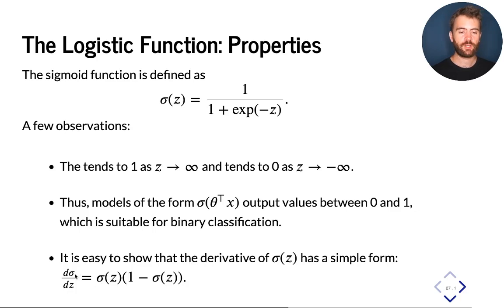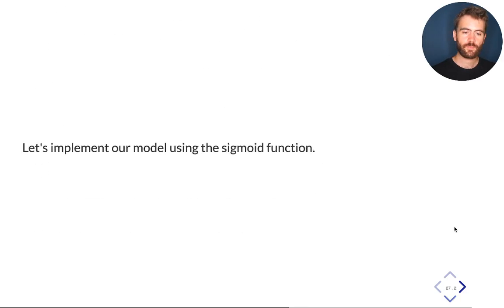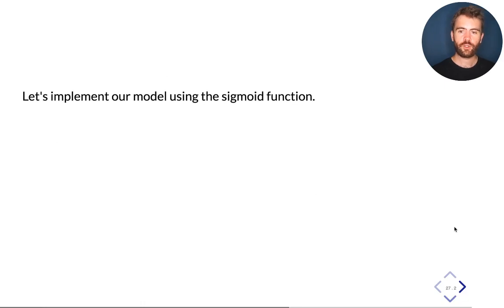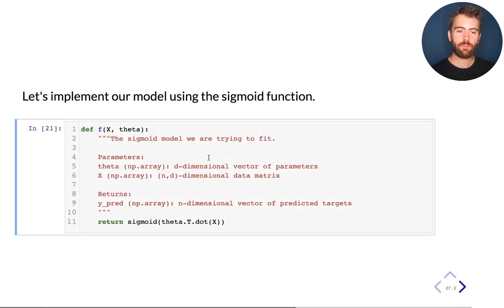So the derivative of sigma is sigma times 1 minus sigma. All right, and now we can use the sigmoid function to implement a model f. So this is a model that takes an input x and a parameter set theta, and now the output of the model is simply sigmoid of theta dot product with x.